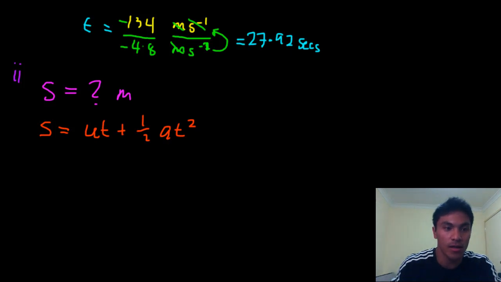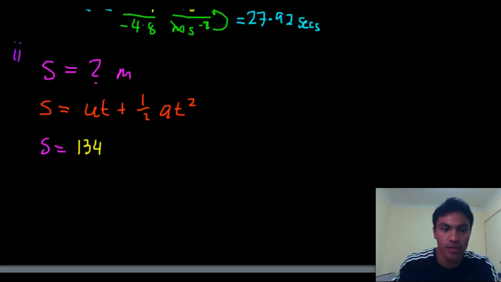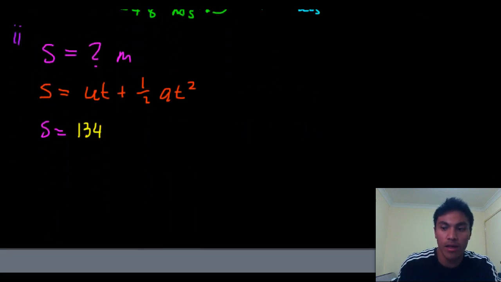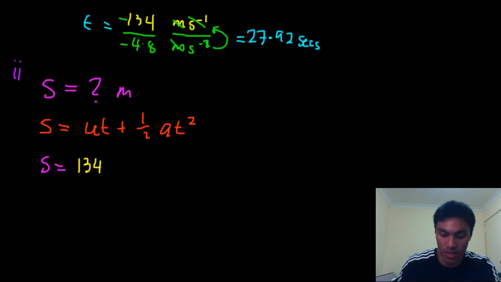So let's solve it. S would equal our initial velocity, which was 134 meters per second.